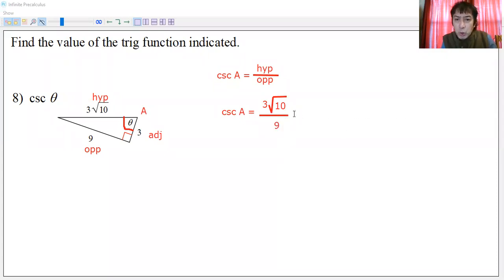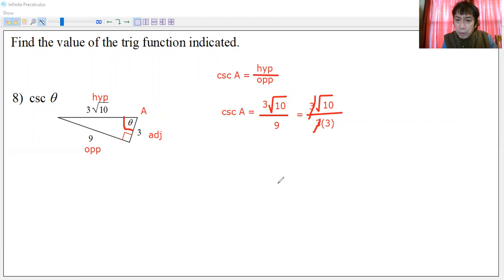Now, this is not yet reduced to lowest terms. The 3 and the 9 can divide. We have there 3 and then the square root of 10. And then the 9 can be factored to 3 times 3. And so the 3 divides by 3. This 3 divides by this 3.